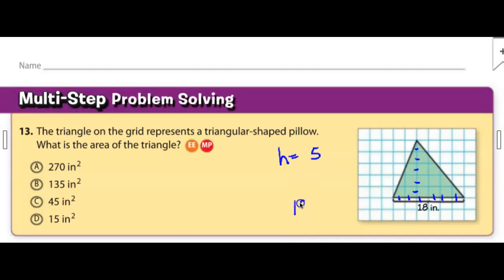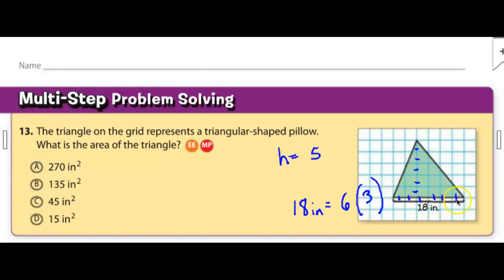So 18 inches is equal to 6 squares. Well, that's a problem. So what number times 6 actually equals 18? Answer that for me now, please. Very good. That answer is 3. 3 times 6 is equal to 18.